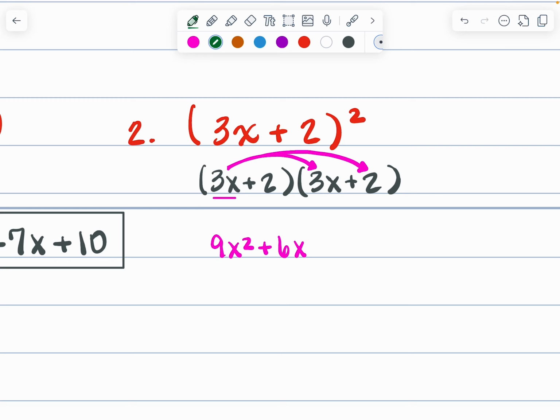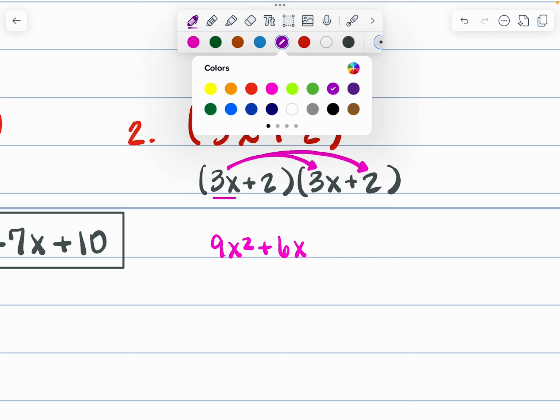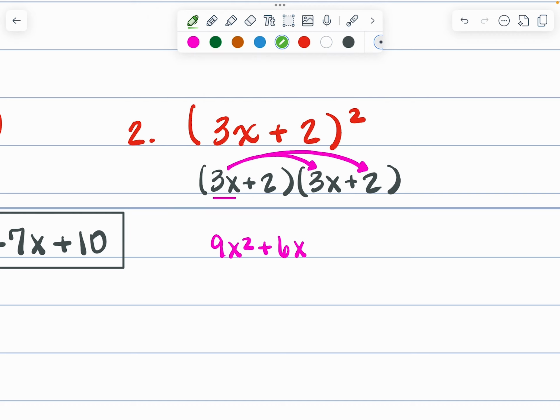Then we want to take that positive 2, and it also has to get multiplied times both terms over here. So positive 2 times 3x is another positive 6x, and positive 2 times positive 2 is positive 4.